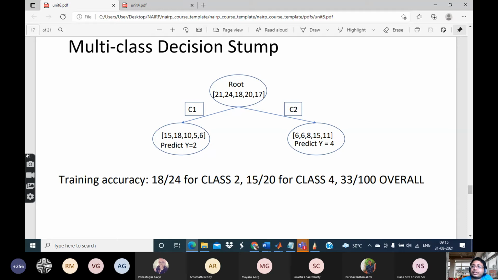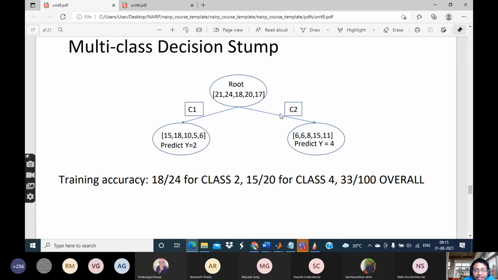Just like in case of a binary classification, a random classifier would have given me 50% accuracy. In this case, a random classifier which just uniformly predicts some class level would have given me an accuracy of only 20%. So 33% accuracy is not great, but compared to 20% we have gained. So it's not such a bad classification also.